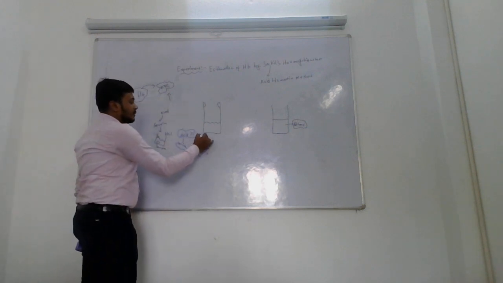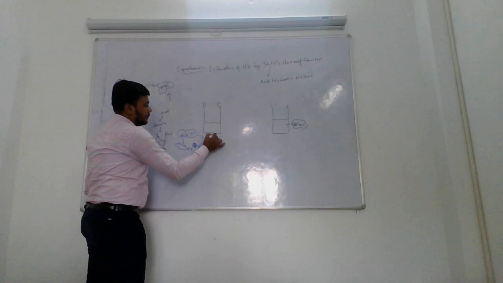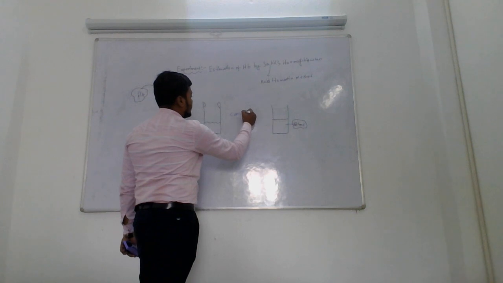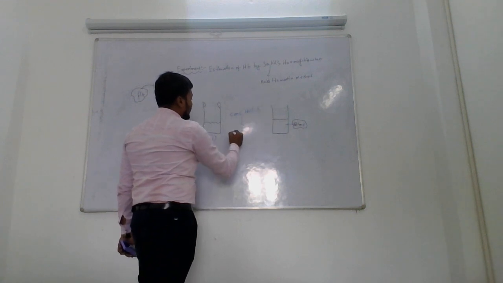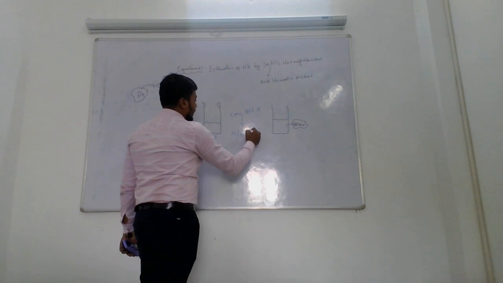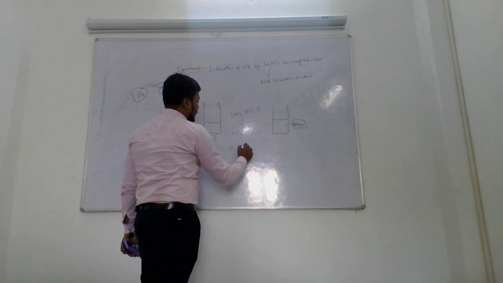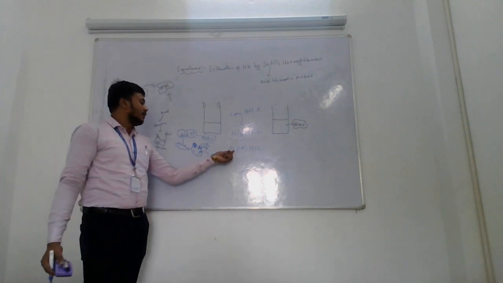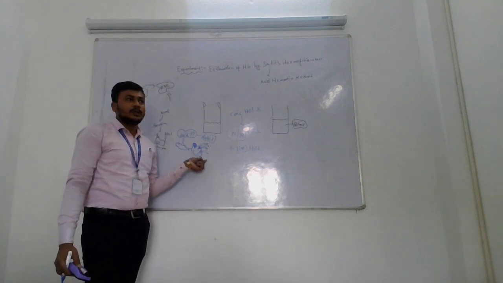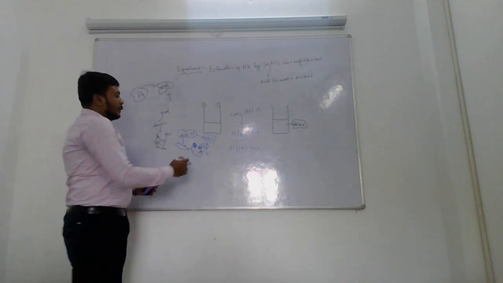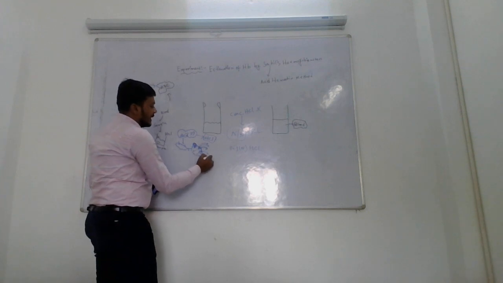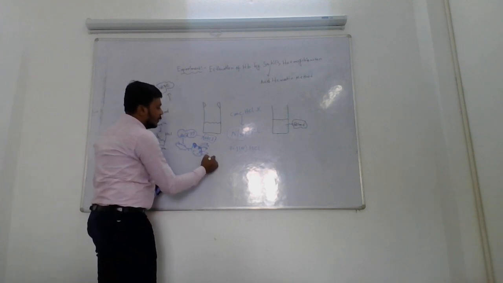This acid is HCl, not in concentrated form. Rather, we use N/10 HCl, that means 0.1 normal HCl. This concentration is needed for breakdown of the RBC as well as extraction of the hemoglobin into the solution.